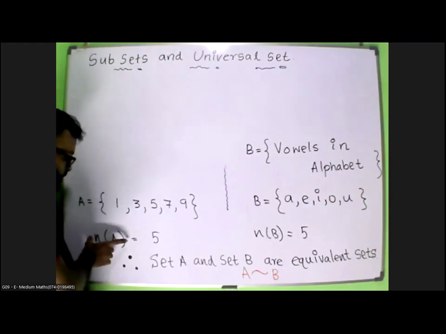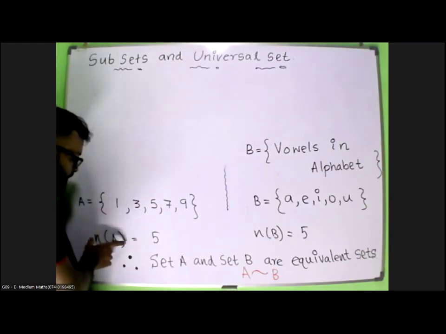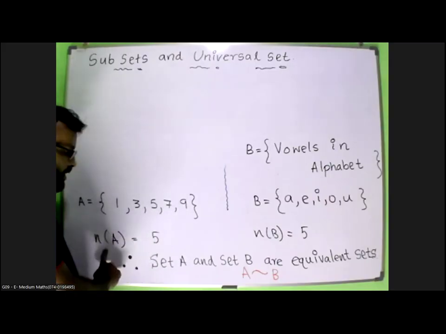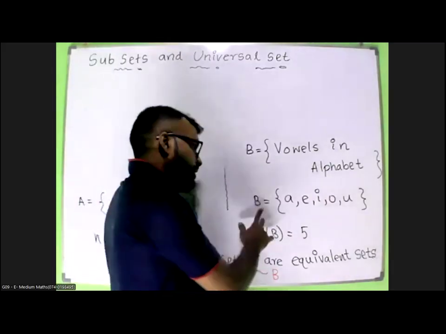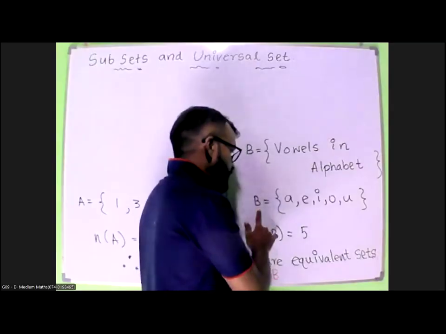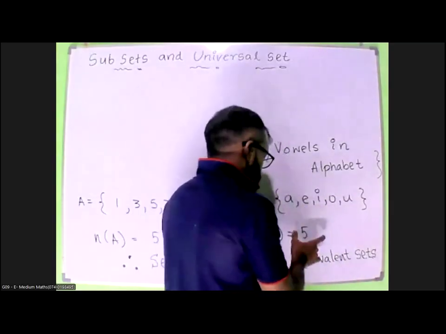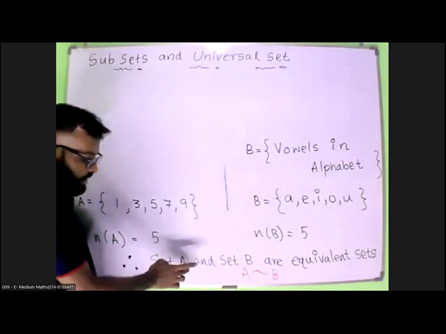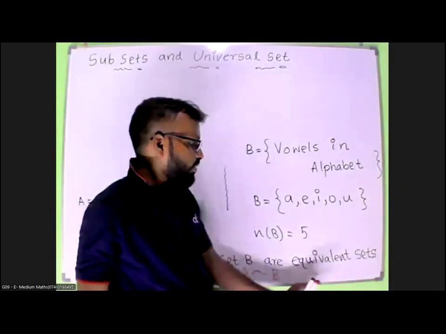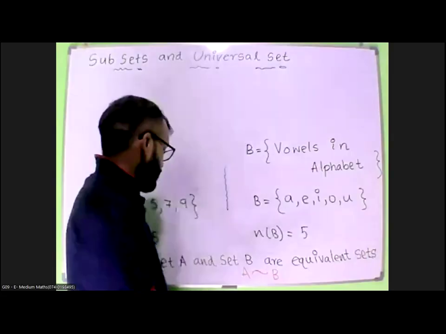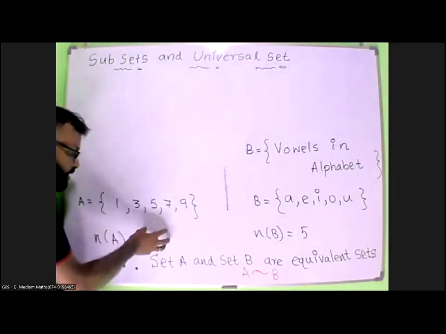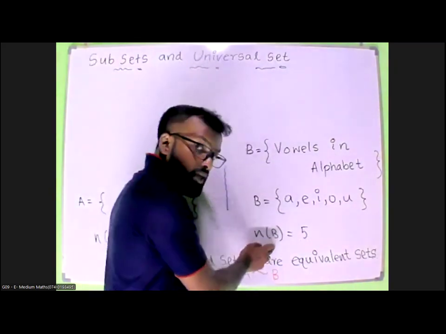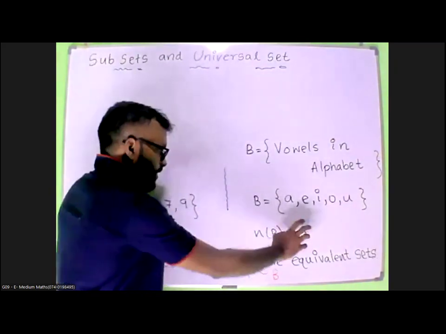When we consider the number of elements in A, 1, 2, 3, 4, 5, n(A) equals 5. When we consider the number of elements in B, 1, 2, 3, 4, 5, it gives you n(B) equals 5. So we can say set A and set B are equivalent sets. Why? The number of elements in set A and set B are equal, 5 and 5.